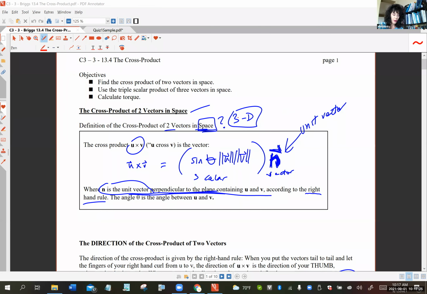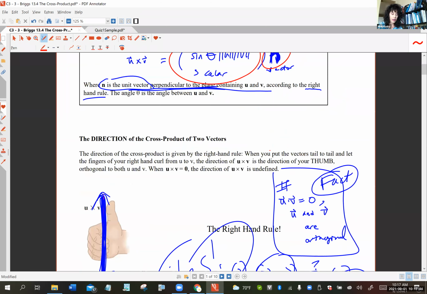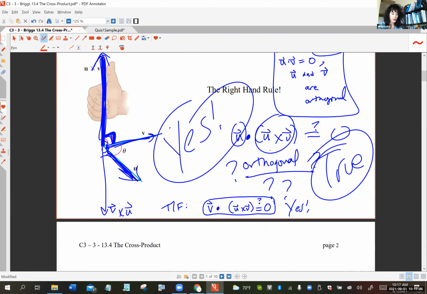Let's finish cross product. So last time we defined what a cross product is. It's a vector that's perpendicular to the plane of two vectors u and v. So u cross v is itself a vector. It has a magnitude times some unit vector that's pointing in the right-hand rule direction.